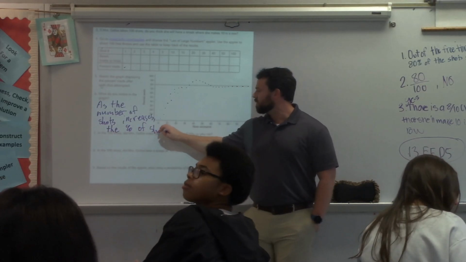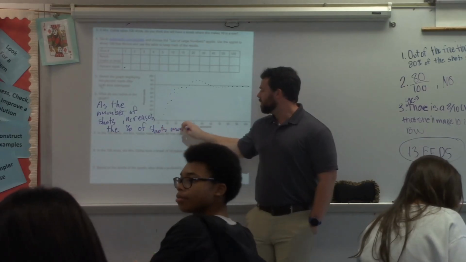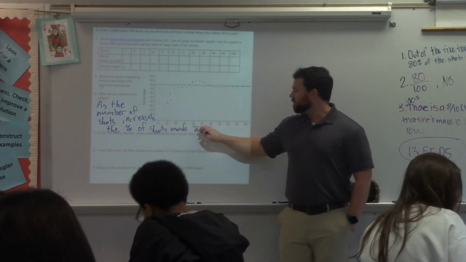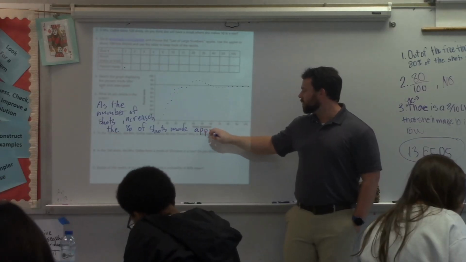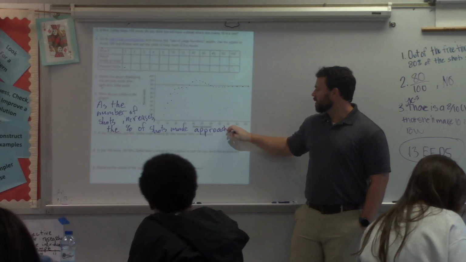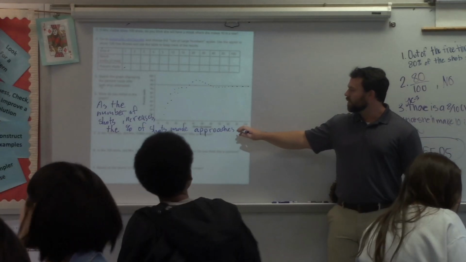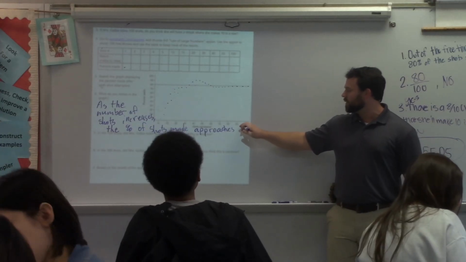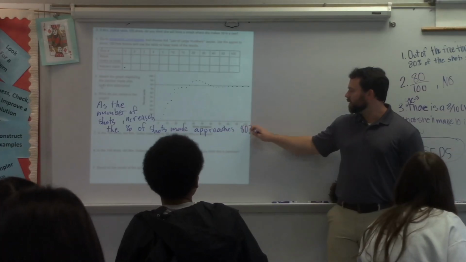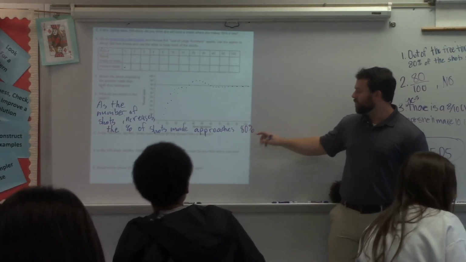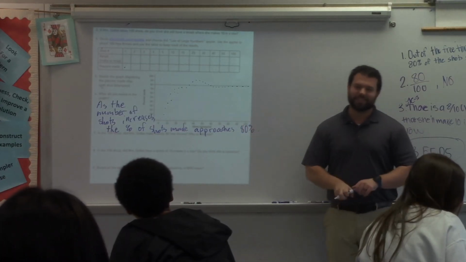As x reaches infinity. So that is what you call a limit. So if you end up taking calculus, hold on to this idea of a limit. The percent of shots made approaches 80%. The limit would be 80%.